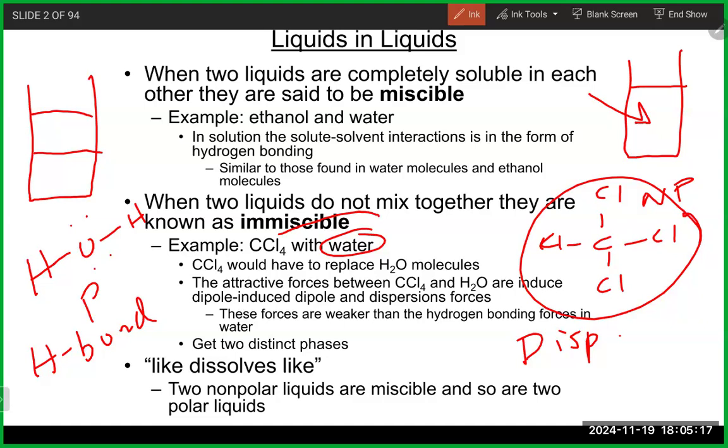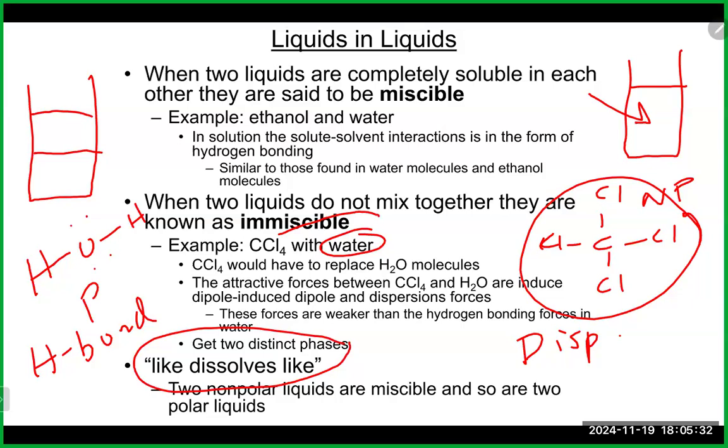So again, they just don't have that way of interacting over a long period of time together and maintaining that interaction. And that brings up a really important idea in terms of solubility, and that's the idea of like dissolves like. What that means is if you're mixing two things together that basically use the same intermolecular force that they use with themselves, they're going to have absolutely no problem interacting with each other.